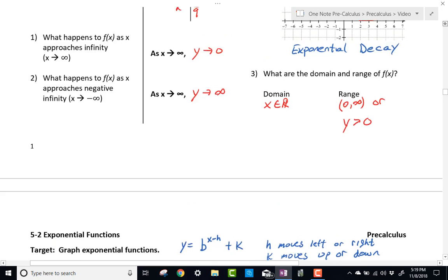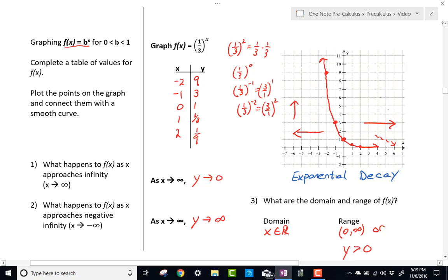All right? So I'm just going to go up to this one here. On the graph of y equals 1/3 to the power of x, this value right here, if you look back at that definition on the other page, it said the critical value is the value of x that makes your exponent equal to 0. Well, there's where my exponent is equal to 0, right here at 0.